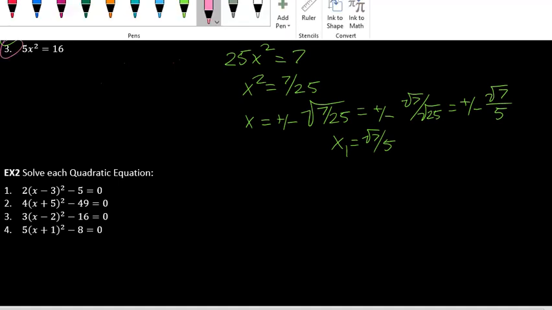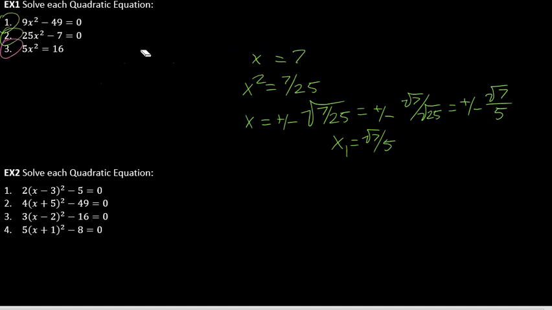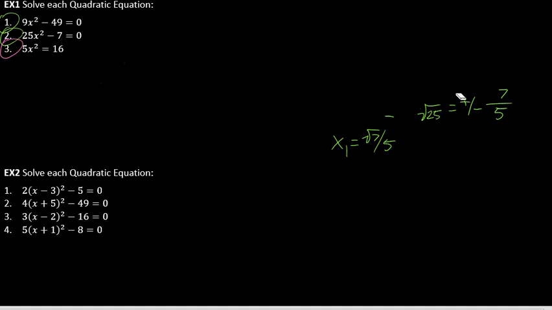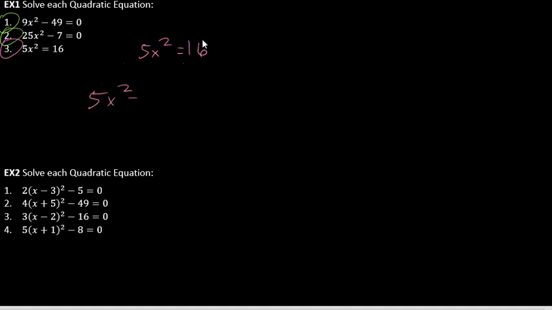This will be our last example for this little bunch right here. And then you can see below we've got more complicated examples we're going to work through. So we've got 5x squared is equal to 16. Again, we can't do anything cute like factoring, because even if we set this equal to 0, so 5x squared minus 16 equals 0 by subtracting 16 on both sides, I do not have a difference of squares.